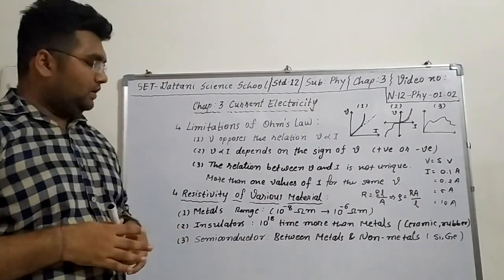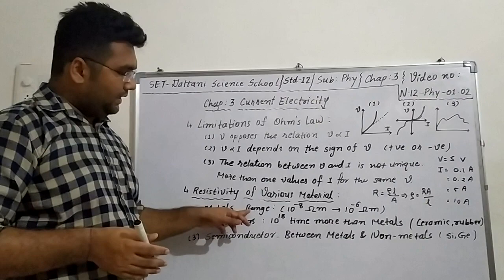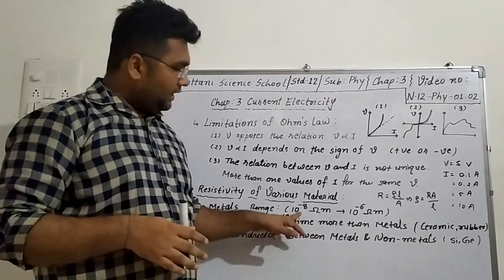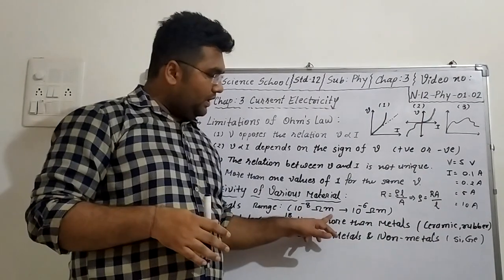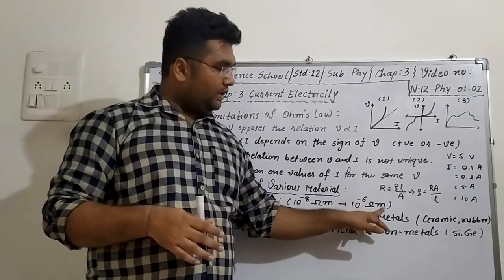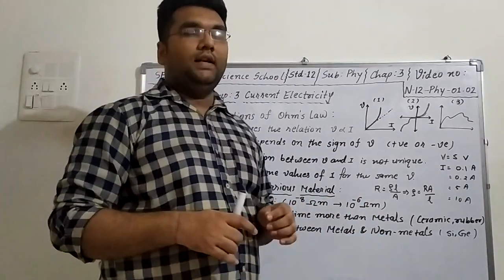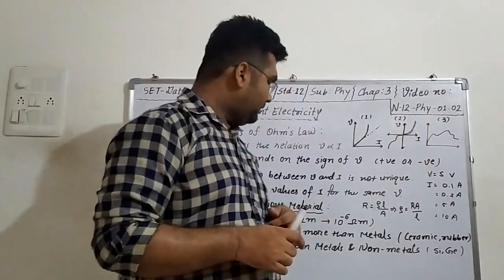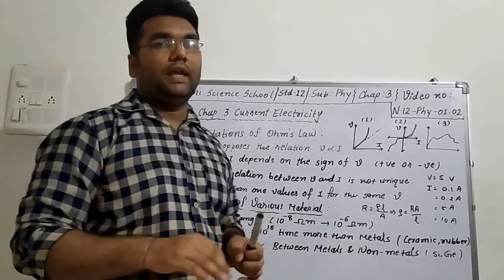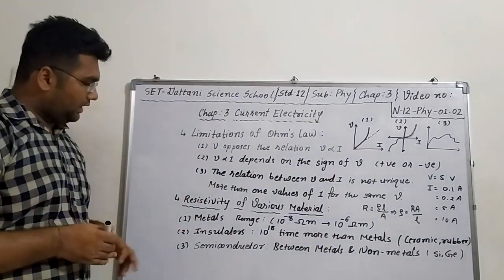The range of resistivity in metals is 10 raised to minus 8 ohm meter to 10 raised to minus 6 ohm meter. We can find this range in metals or conductors.